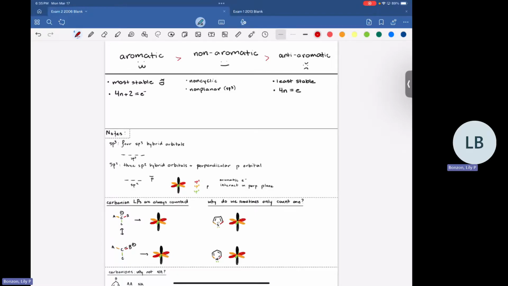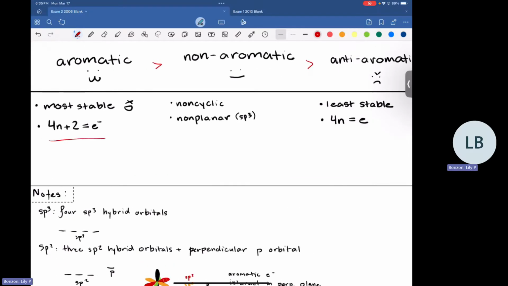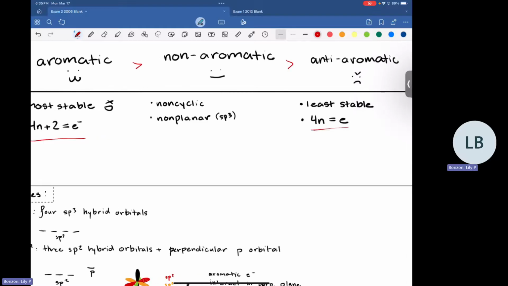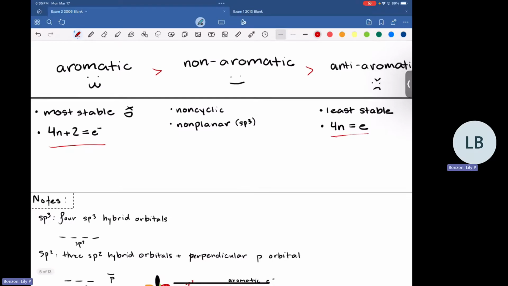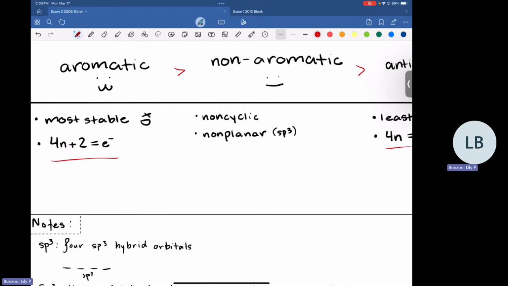You'll have your 2 number rules, and you can just memorize one, which is an easier way. So 4n plus 2, if we get an integer value, so 0, 1, 2, whole numbers basically, including 0, that would be an aromatic compound with that formula.